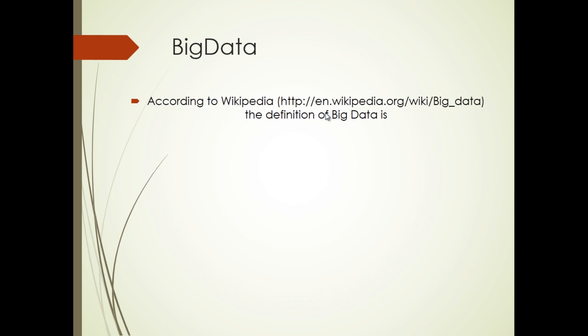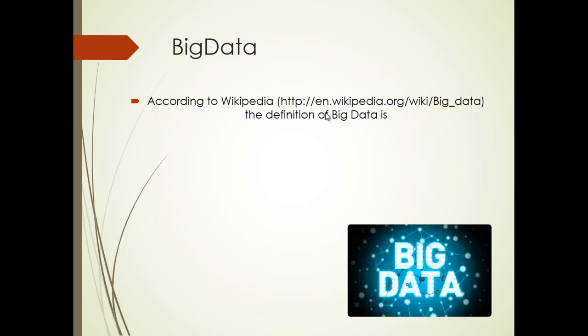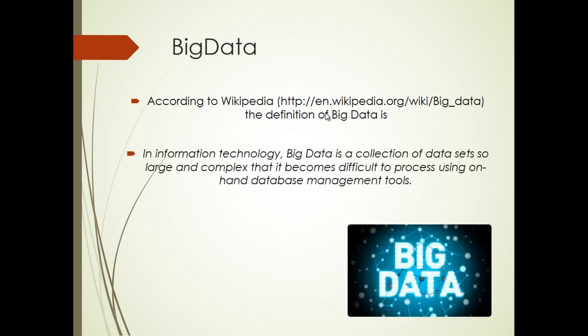In information technology, big data is a collection of data sets so large and complex that it becomes difficult to process using on-hand database management tools. This is the definition which I said previously in my own words. It is the same.